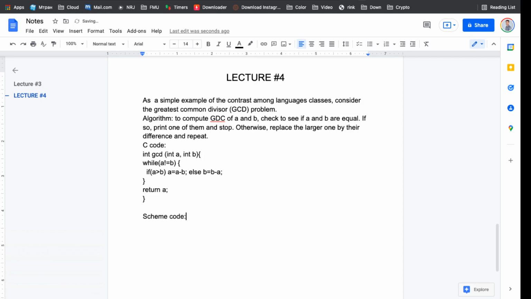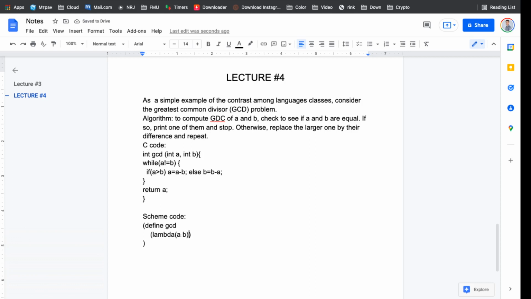This is going to be the functional language. Again, everything is a function, so the only thing we basically define is a function which calculates the GCD. Define GCD. And then what are the parameters for the GCD? There will be a lambda, an anonymous function, with a, b.